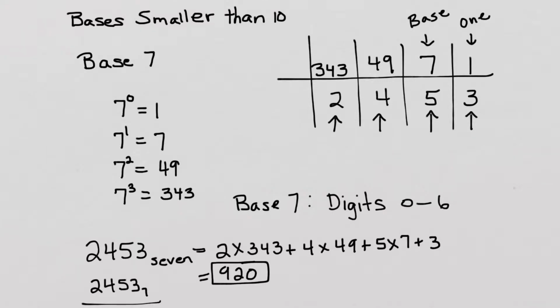I could write 920 and then a little 10, or 920 and then a little 10 like that. But you can see where it's a little difficult when I'm writing the 10 with the digits rather than as a word. That can be a little confusing. But I don't need to do either of those. I can just go with 920. If there's no base there, we just assume that it's base 10.